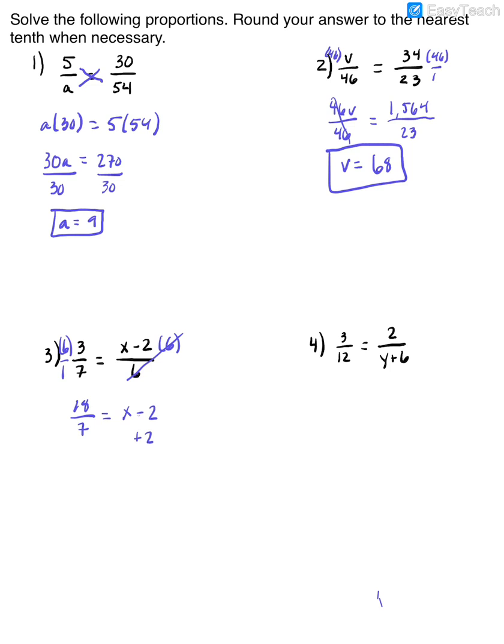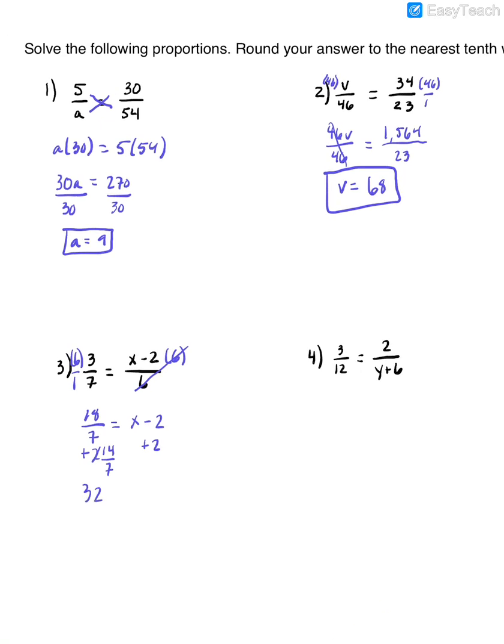And then I want to add 2 to both sides. Now here, 18 sevenths plus 2, I would need to make a common denominator. So that gets me 14 sevenths. So 18 plus 14 gets me 32. And that leaves me with x on the right. So that would be my answer.